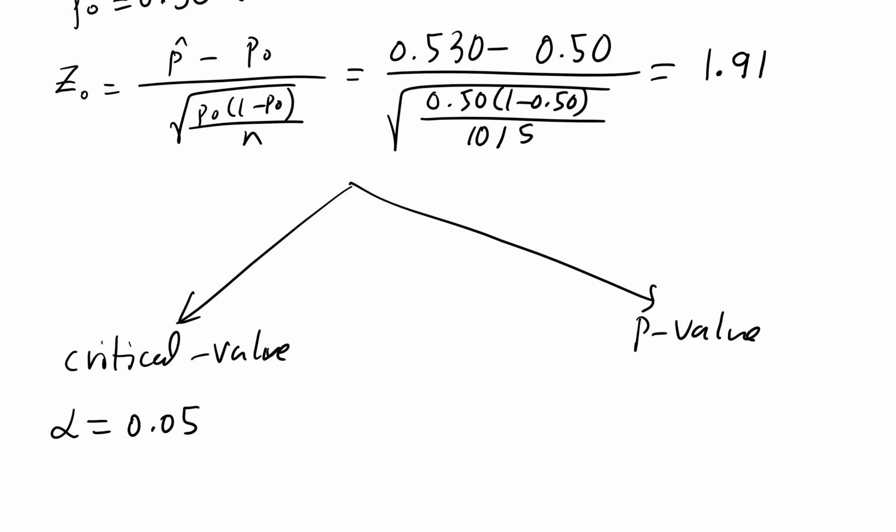Since it's a right-tailed test, and the table gives you only the area to the left, what we need to do is find 1 minus alpha: 1 minus 0.05, which is 0.95.